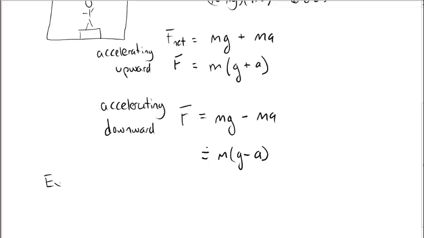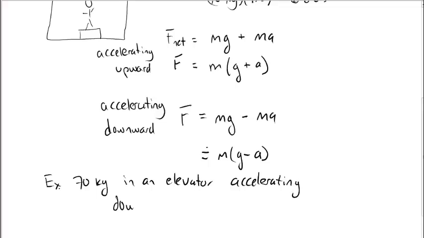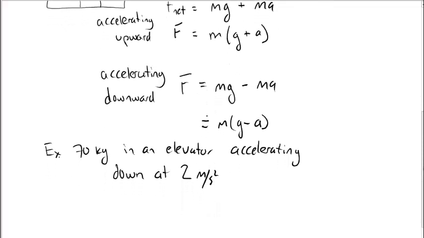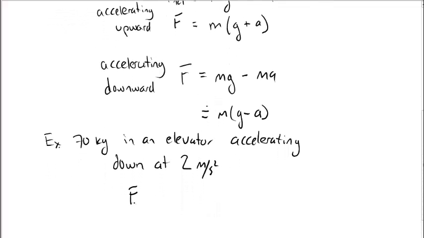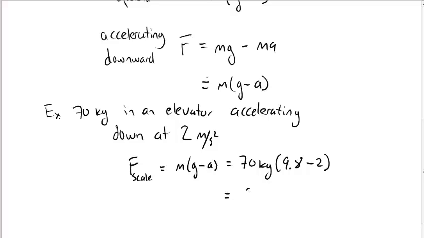So if we use an example of a 70 kilogram person in an elevator accelerating down at 2 meters per second squared, then to find the force on the scale, the force of the scale will be mass times gravity minus acceleration: 70 kilogram person times 9.8 minus 2, and so our force works out to 546 newtons.